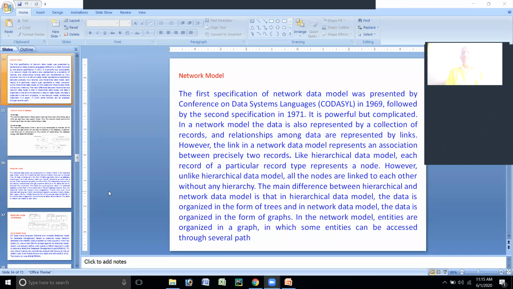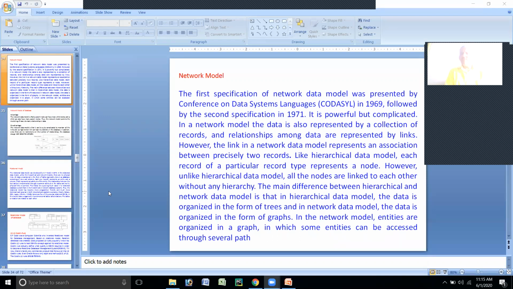Next, we are comparing with the hierarchical model. Like the hierarchical data model, each record of a particular record type represents a node. However, unlike the hierarchical data model, all the nodes are linked to each other without any hierarchy.